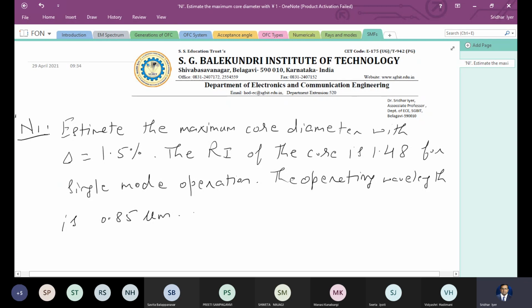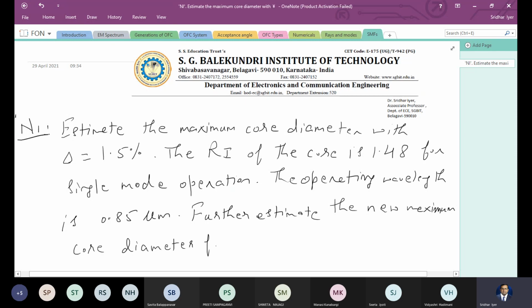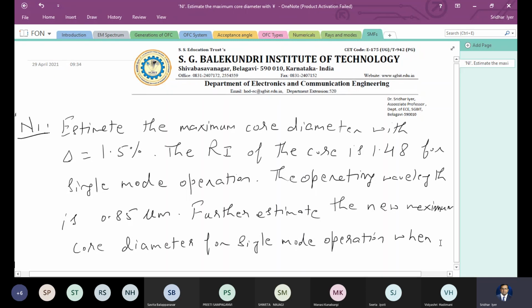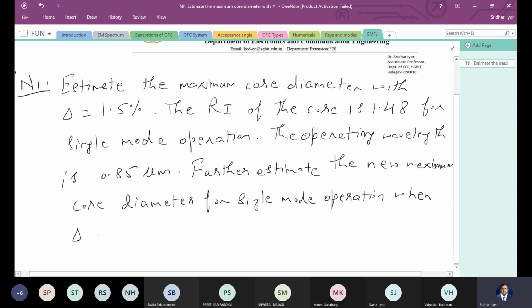Okay, and then there is a further question. The further question is, further estimate the new maximum core diameter for single mode operation when delta is reduced by a factor of 10.